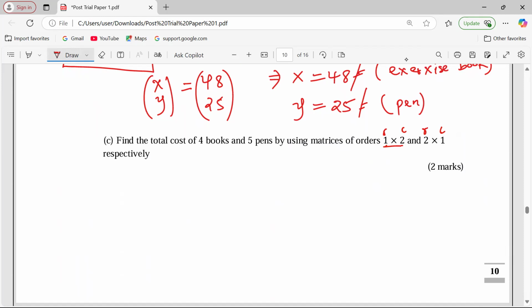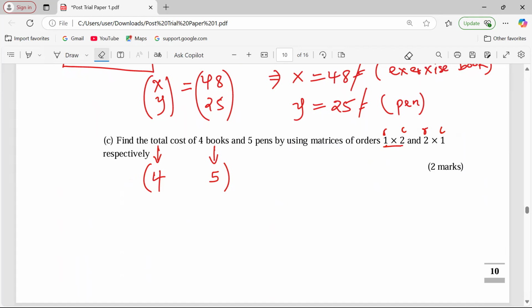So the order starts with row, column. So 4 books, write 4, and 5 pens, write 5, that way. That's a matrix of 1 row, but when you look at the columns, they are 2. So we are having a 1 by 2 matrix.